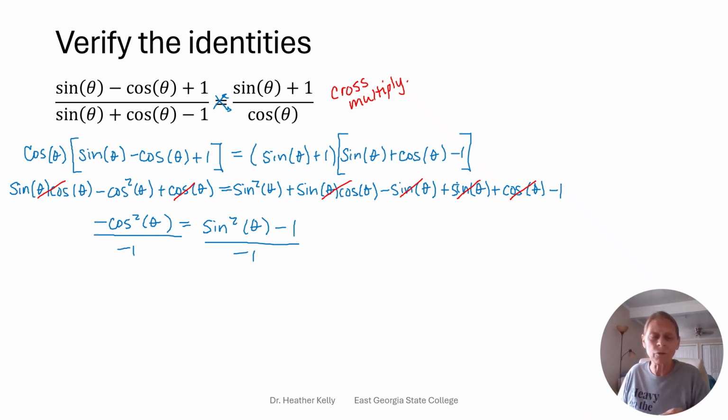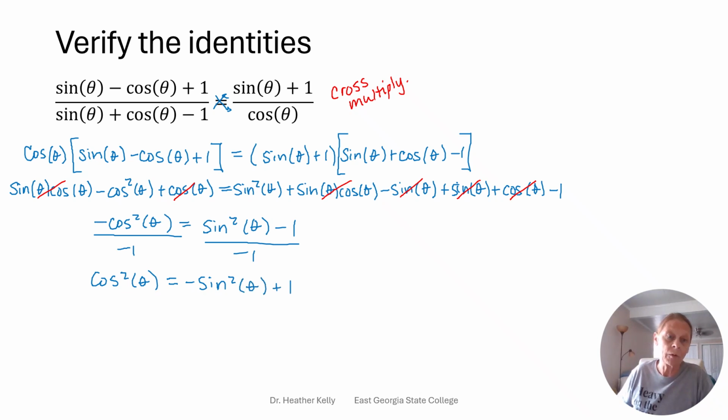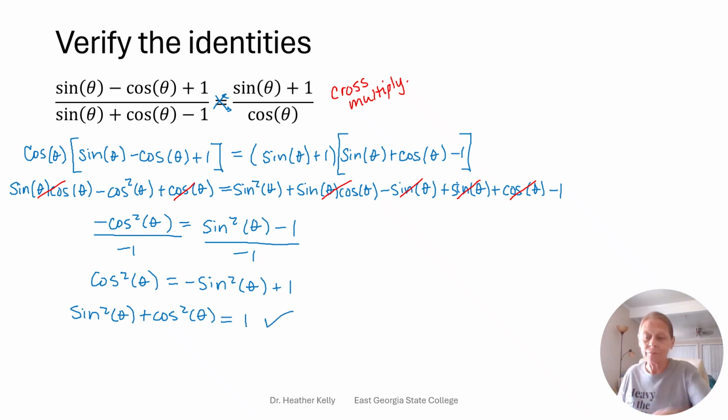There's a bunch of different ways that we could do this. But I'm going to wind up with cosine squared theta is equal to negative sine squared theta plus 1. And then I'm going to move that sine squared theta over just to be sure that this is true. Yay! Okay.